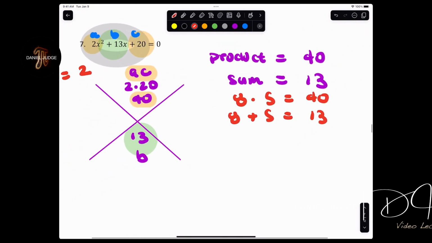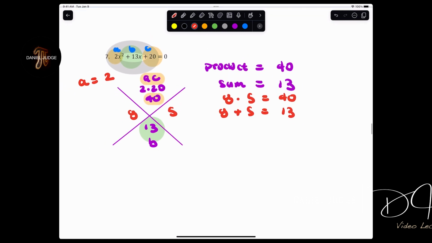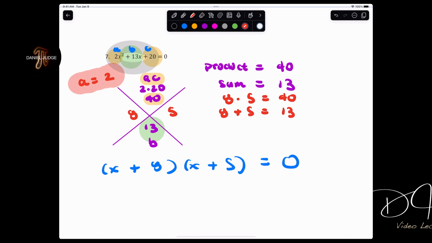So we're going to have a what? An 8 and a 5. So the left side, again, we have x plus 8 times x plus 5. But this is a quadratic. And let me say, this is where the procedure is a little different here.